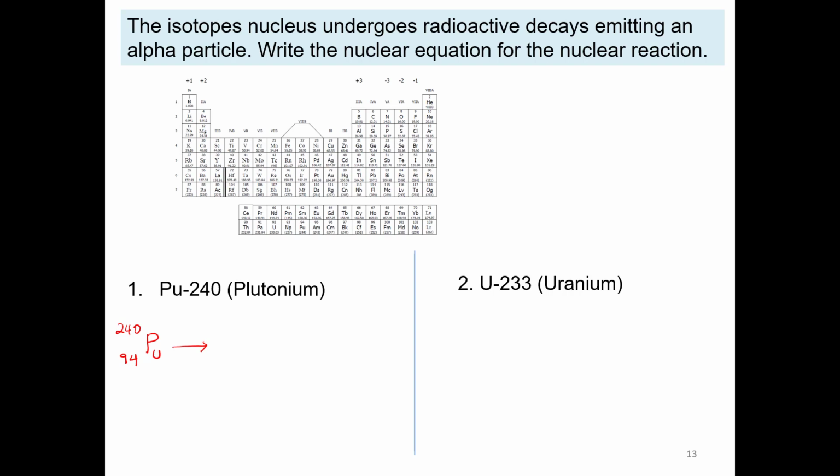We know the alpha particle corresponds to 2 protons and 2 neutrons. Then if we write here the number of protons for plutonium, which is 94, the number of protons in the product will be 94 minus 2, which corresponds to 92.